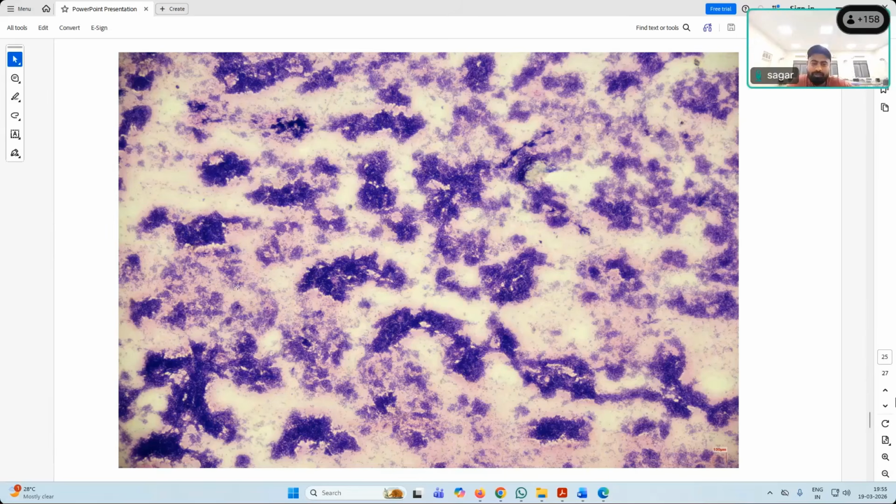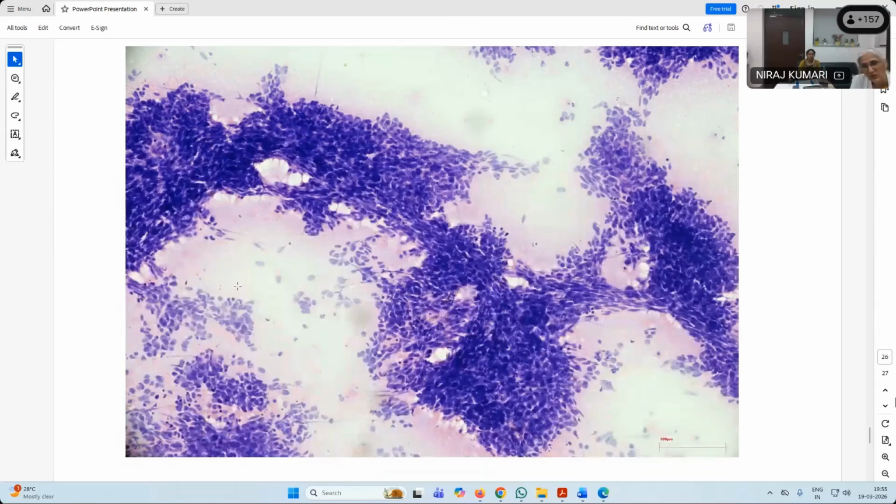Clusters of cohesive. Okay, so we see less of discohesive cells, more of cohesive clusters or loosely cohesive clusters. We don't see too much of a dispersed population of cells. Correct? Yes, now you go to this power. Now what do you see?